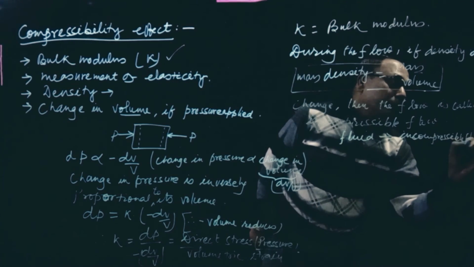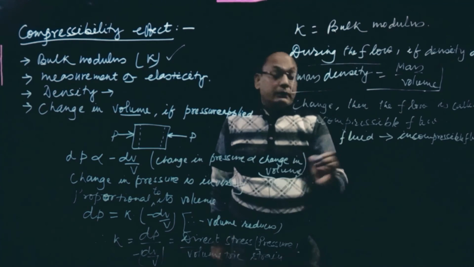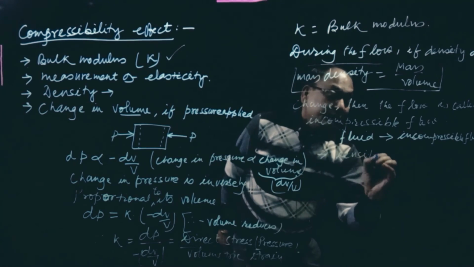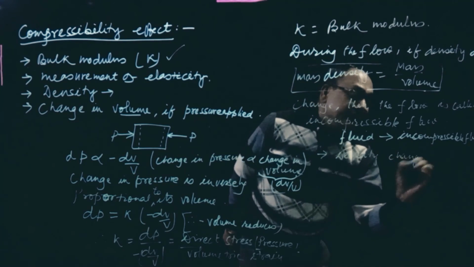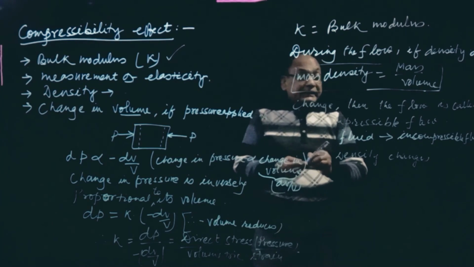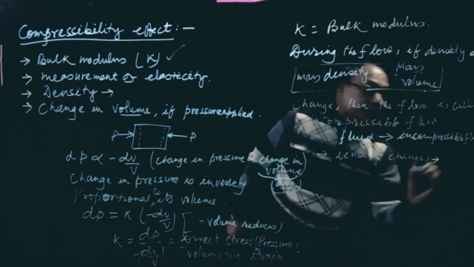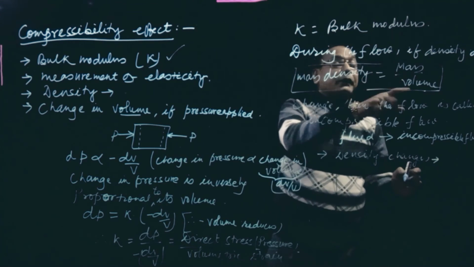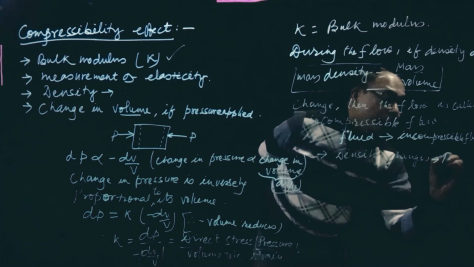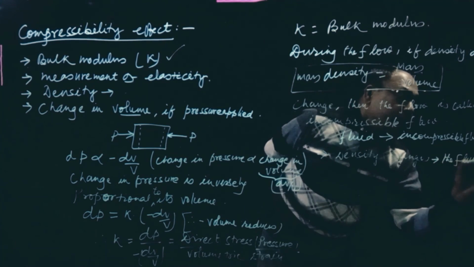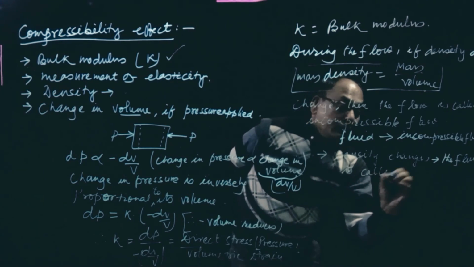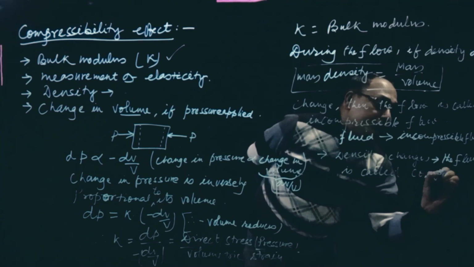On the other hand, if density changes, that's why I had written here that it depends upon the density, then that means mass per unit volume changes, and the fluid is called a compressible fluid.